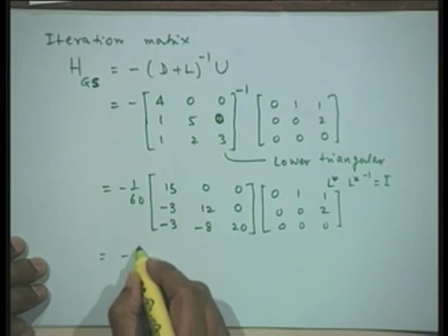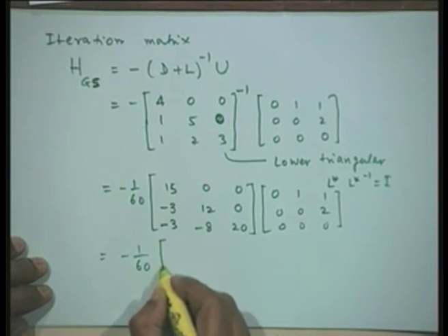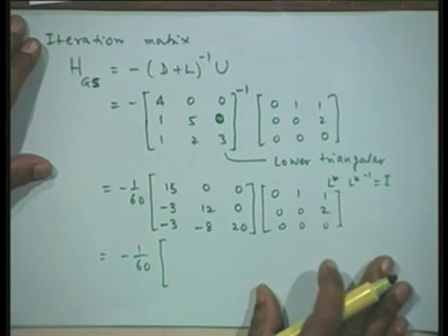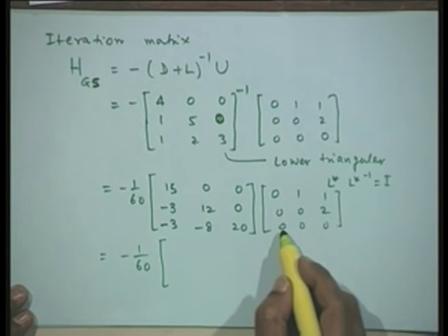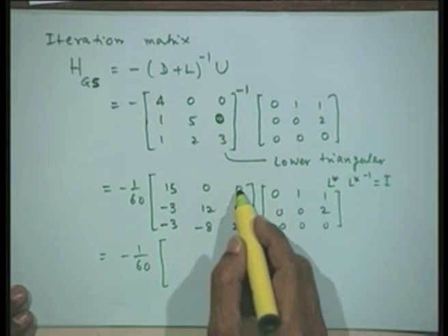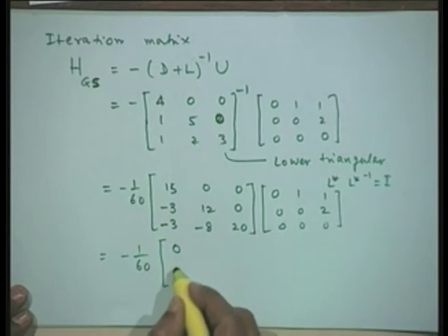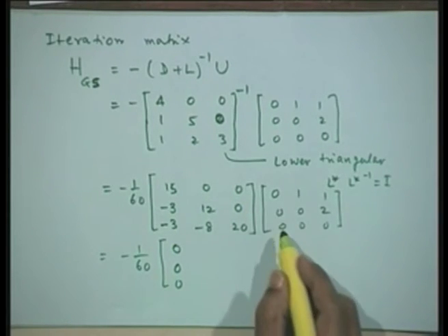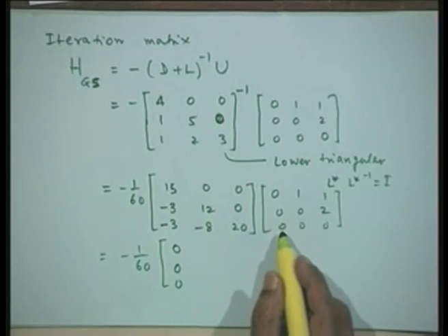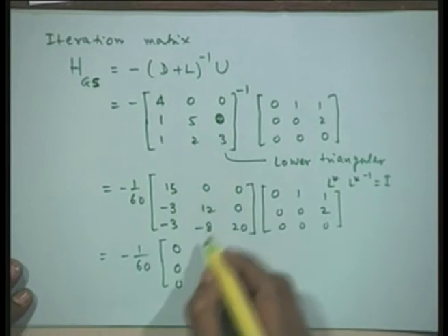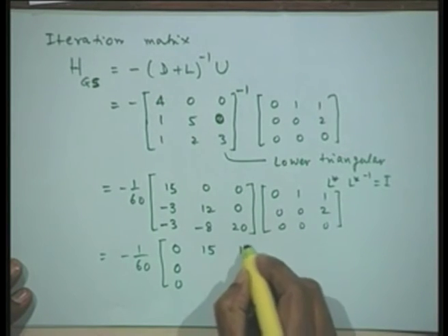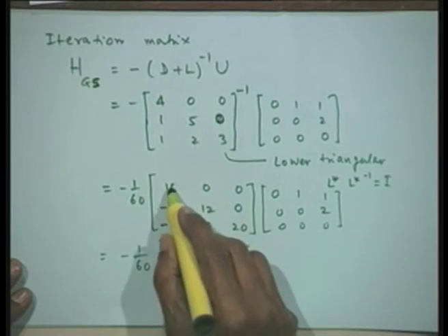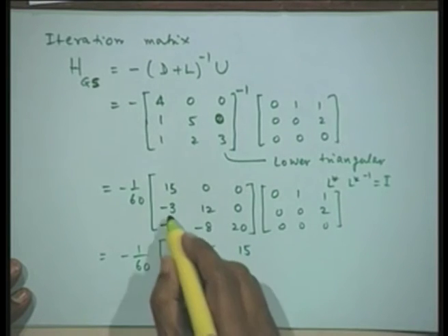So let us multiply it out, 1 upon 60. Now you can see that the first column, because these are all zeros, is also 0. So this is always going to be 0. Any row you multiply by this first column is all going to be 0. The first row, third column gives me 15.